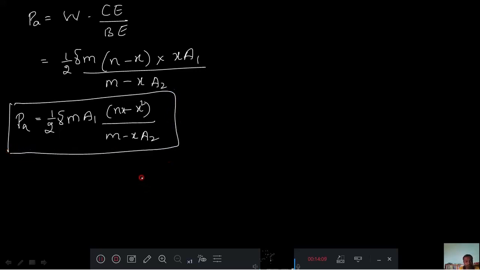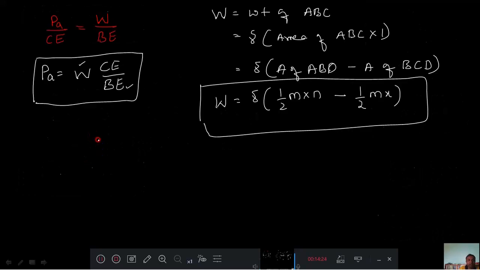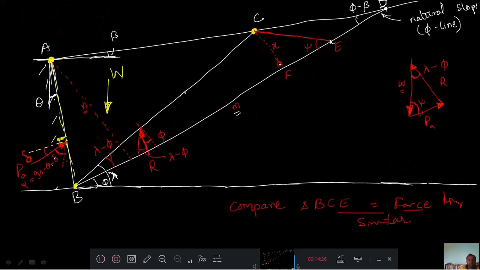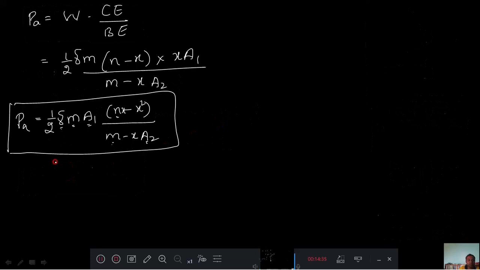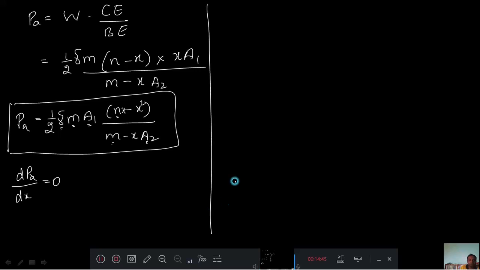But this PA depends on x. Then x depends on what? Look here, this x depends on the lambda value, therefore x is a variable. To get the maximum possible value of PA, what do I have to do? Differentiate PA with respect to x and equate to 0, then you will get the condition.